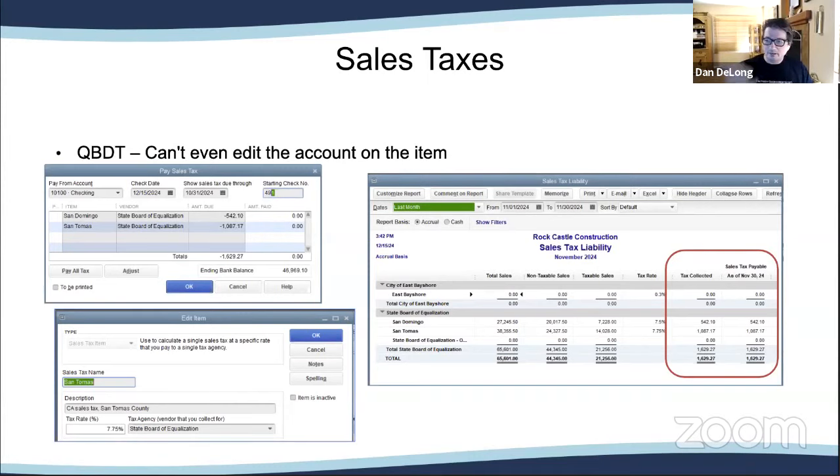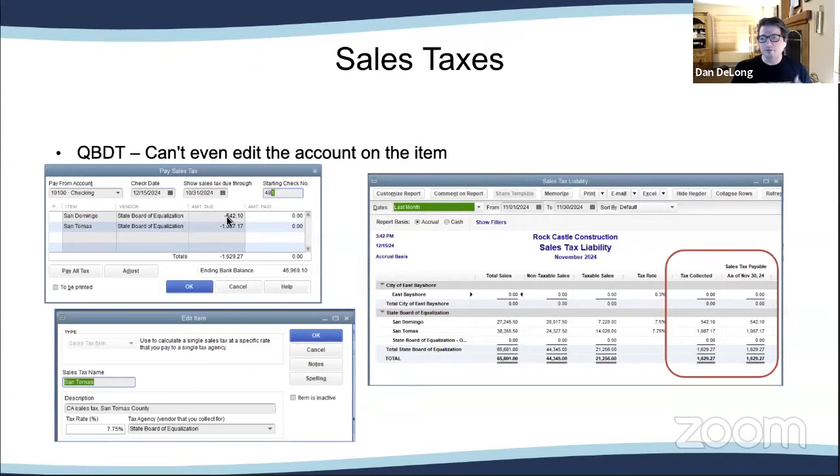And sometimes what you'll see here over on the right side, we have a sales tax liability report, and this is a great report if you know what you're looking for. But in the sales tax collected column, sometimes that does not align with what it says the sales tax payable is for that same period. So here it does. So you can see the tax collected for that time period matches the sales tax payable.